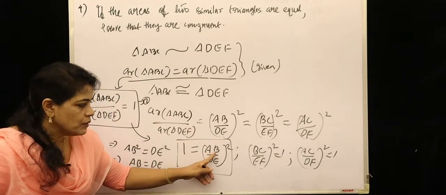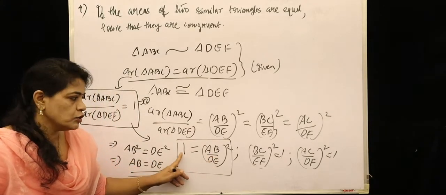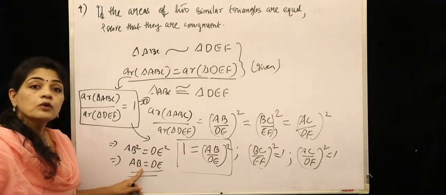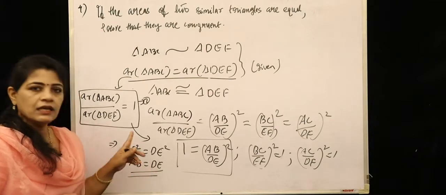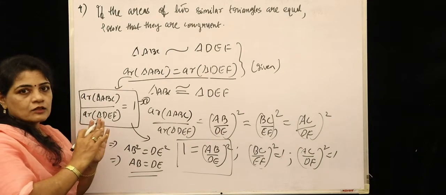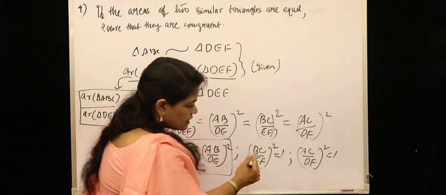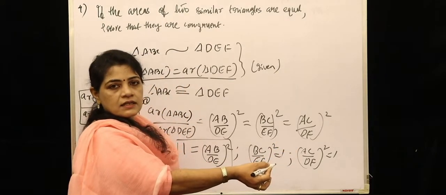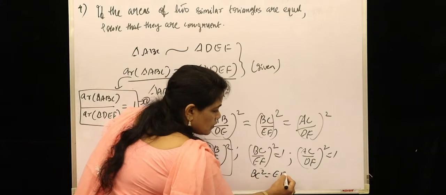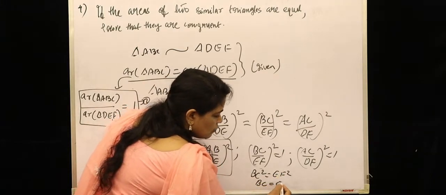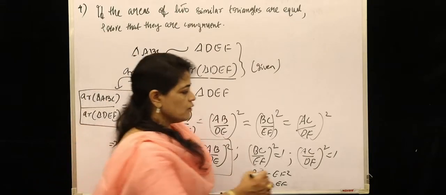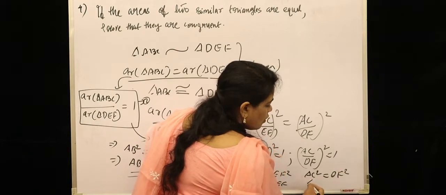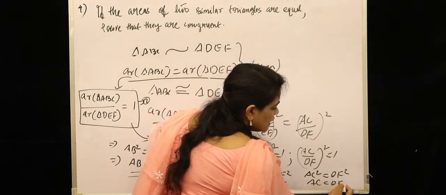One of the corresponding sides is equal. And the second one, the same way, BC square equals EF square, hence BC equals EF. The same way, AC square equals DF square, or AC equals DF.